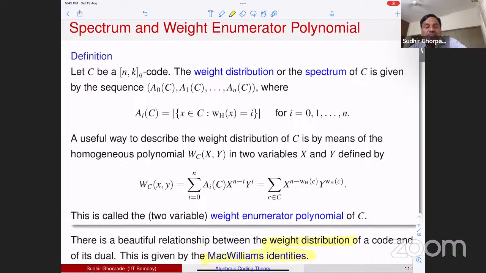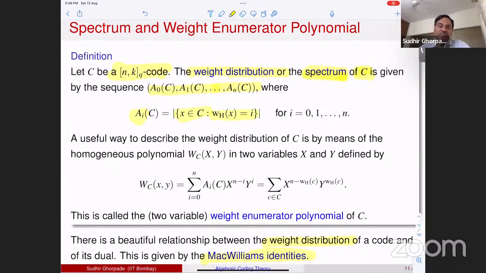You should think of it as something like the kundali or horoscope of the code. You are given a code C, length n and dimension k. The weight distribution, which is sometimes also called the spectrum, is basically the sequence A0, A1, ..., An, where A_i is the number of code words whose Hamming weight is equal to i.